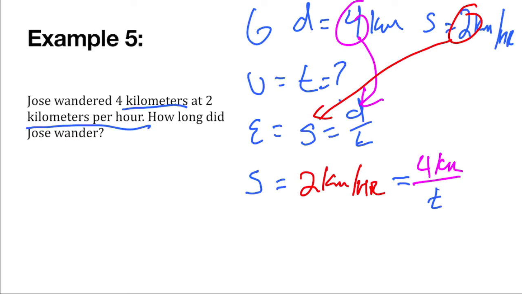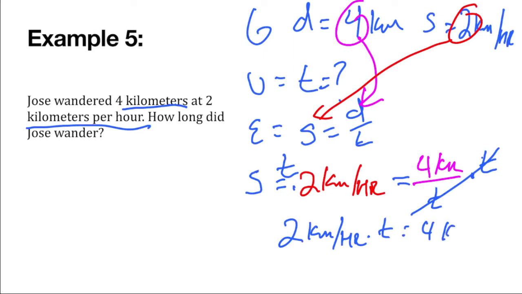Again, our denominator is a variable, so we're going to times both sides by t to get it out of the basement. Now we have 2 kilometers per hour times time is 4 kilometers. We're multiplying t, so we have to do the opposite. So we divide by the 2 kilometers per hour.